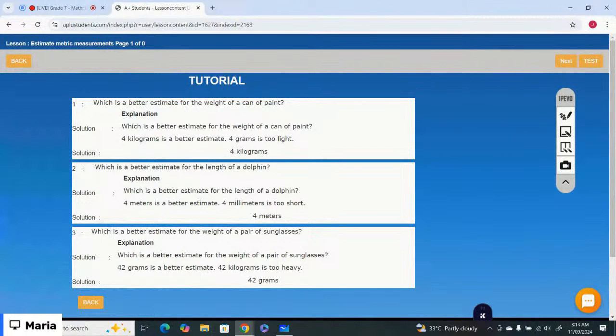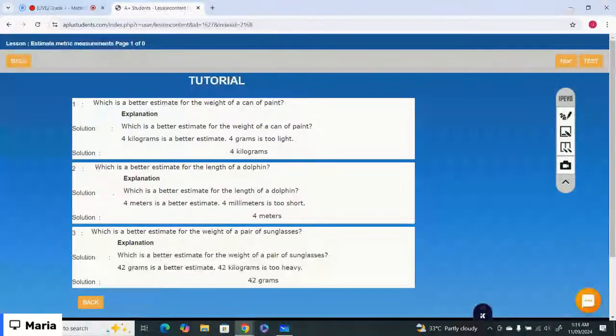That is the weight of a can of paint, right? You are given two options, 4 kilograms and 4 grams, right? So 4 grams is too light for a can of paint, right? That must be kilograms. The correct option is 4 kilograms, right?